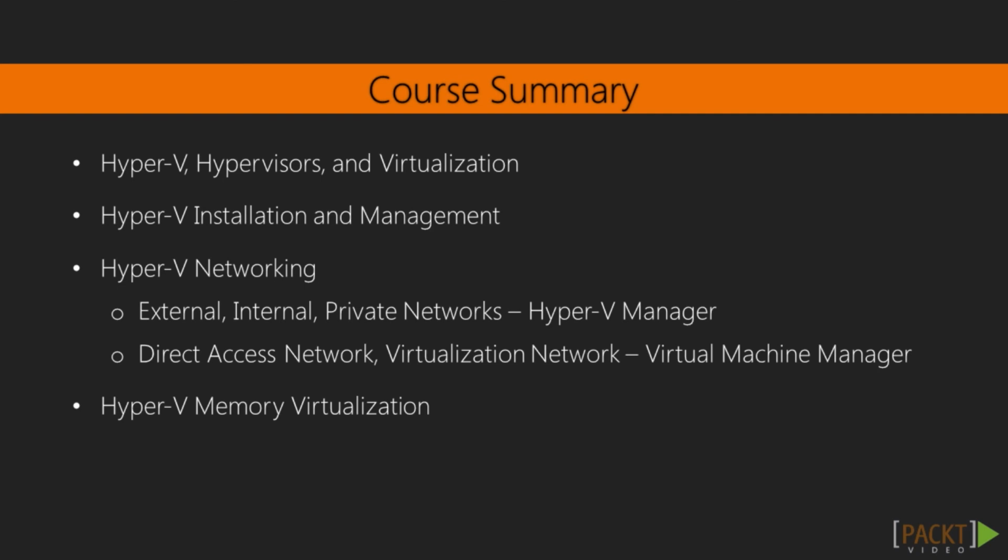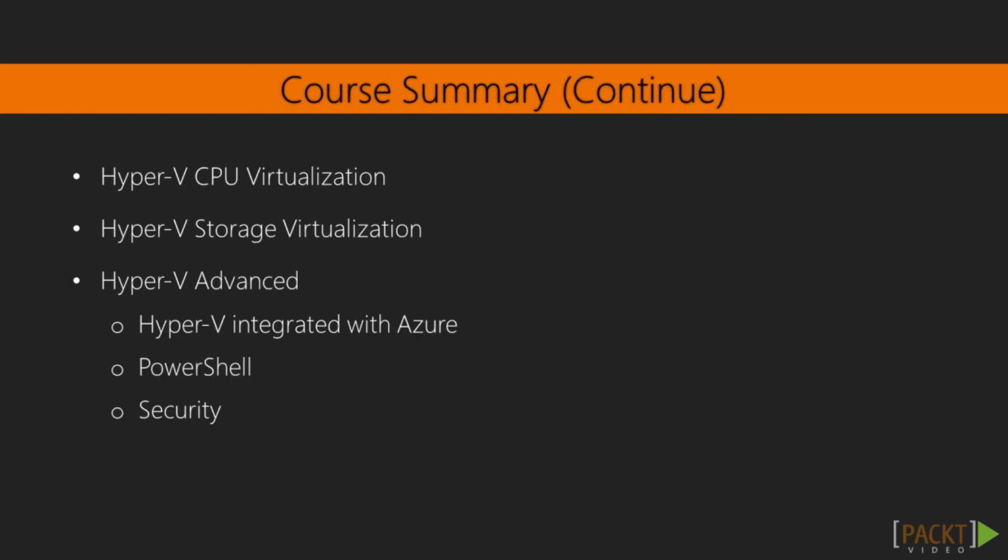We took a big step after that and learned about direct access networks and virtualization networks using Virtual Machine Manager. We learned about memory and CPU virtualization, followed by storage virtualization. Finally, we showed you how to integrate Hyper-V with the Microsoft Azure public cloud to create a hybrid cloud. We then presented some tips on PowerShell and security best practices.